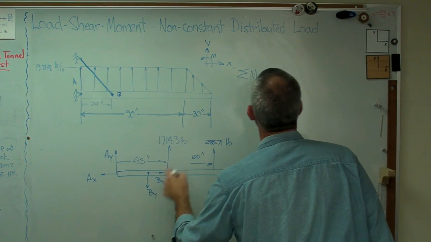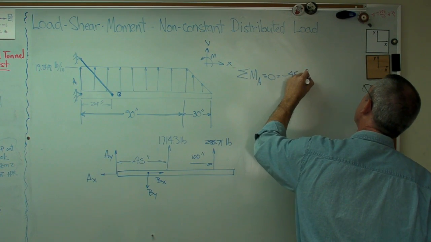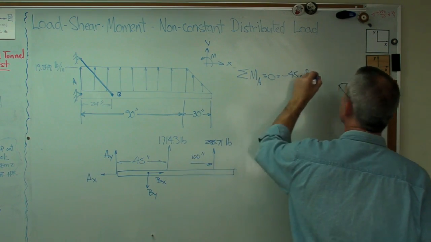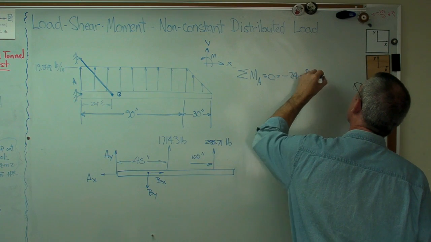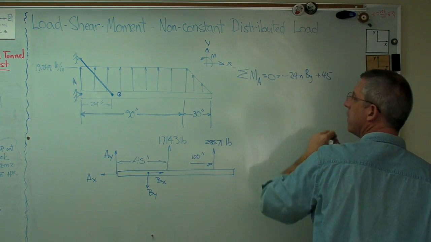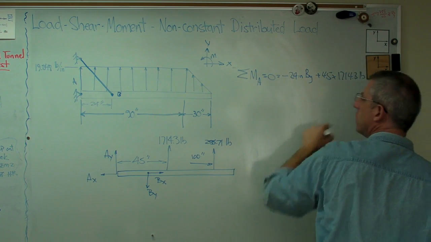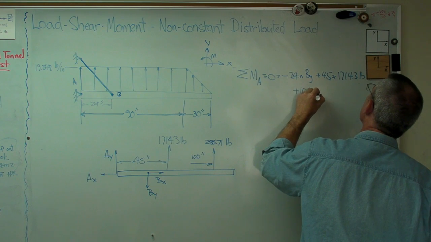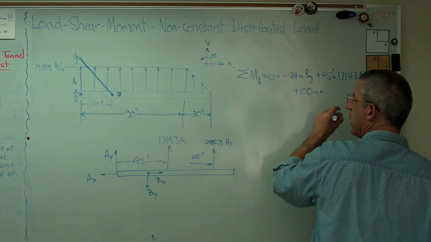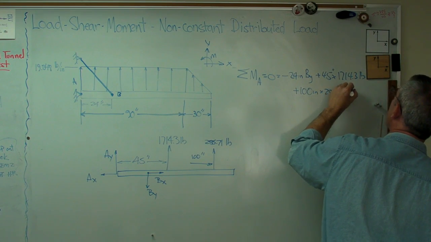So By is going to give me a negative moment. So negative 45 inches times By plus 24 inches, make sure I get that right, plus 45 times 1714.3 pounds plus 100 inches there, times 285.71 pounds.